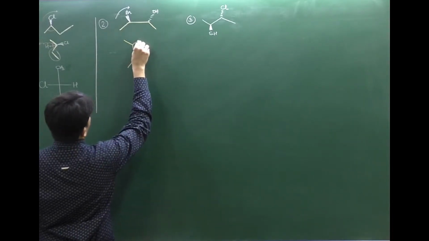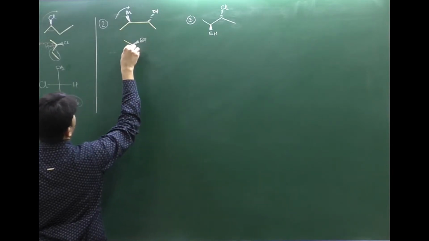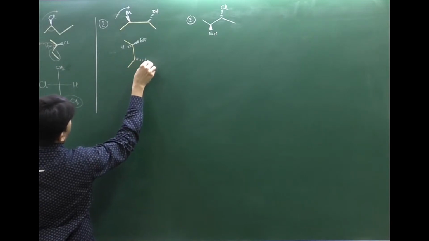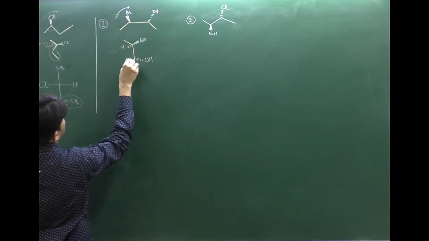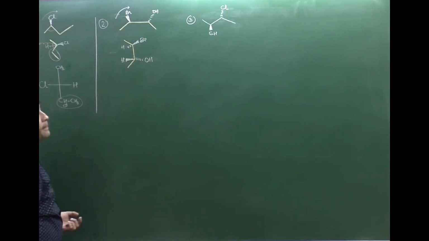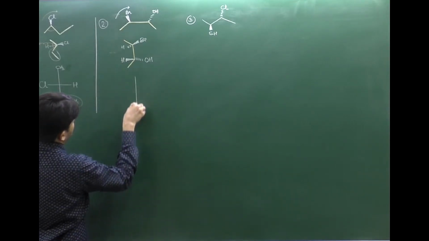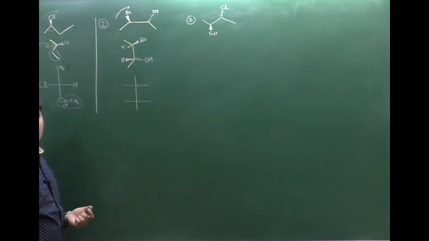Now the Br will come on the right, so the hidden valency H is on the left. In the same way, the dashed OH, and now the hidden one would be H. Correct? So now, in this case, there are two chiral carbons, that's why the Fischer projection will look like this, with two intersections.